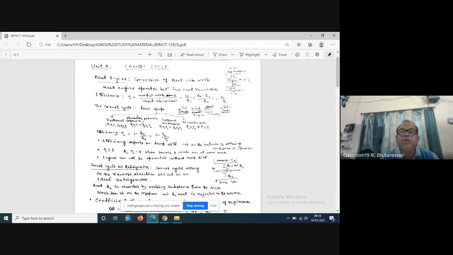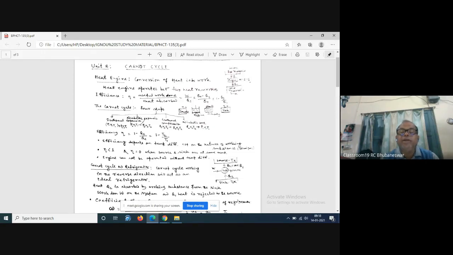This frictionless piston contains some gas and its lower part is conducting, the other sides are insulating. So this engine can exchange heat with the source or sink or the surroundings through the bottom side.